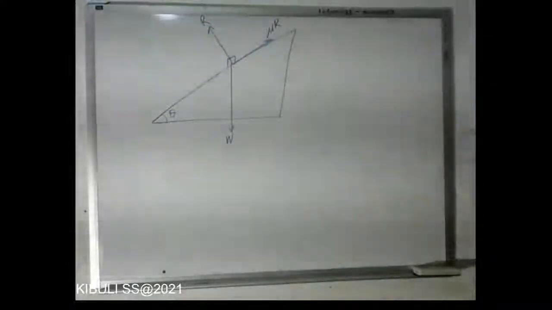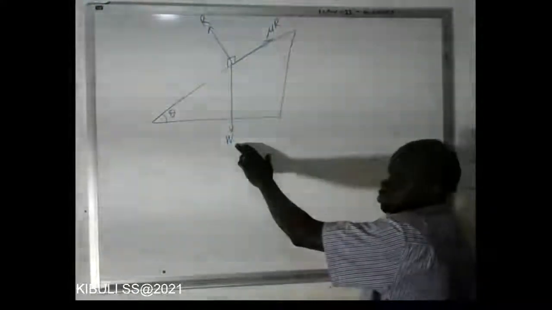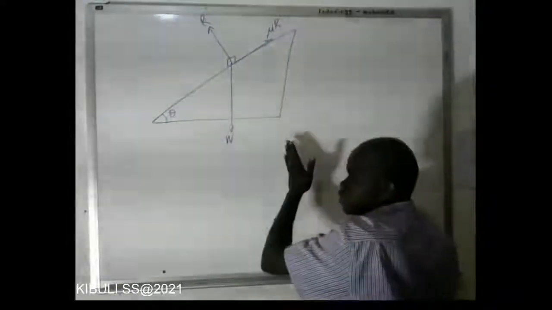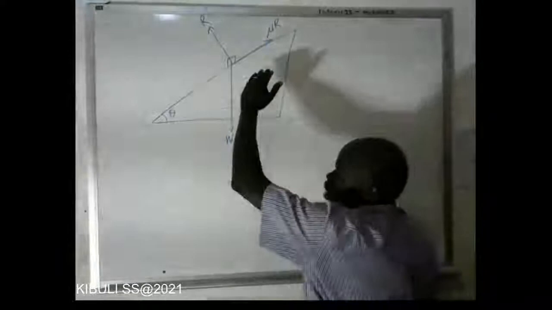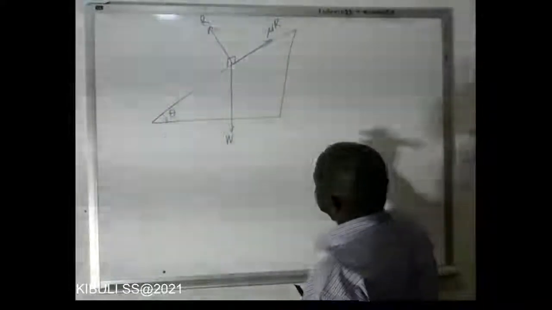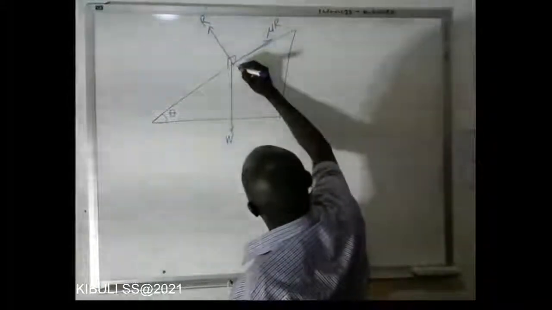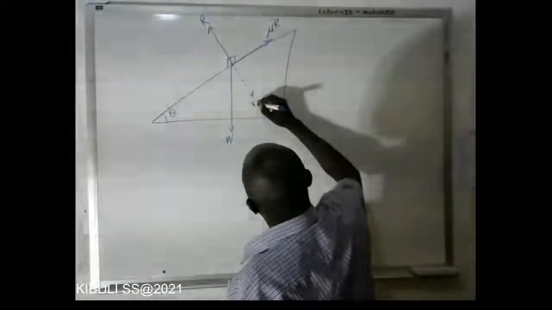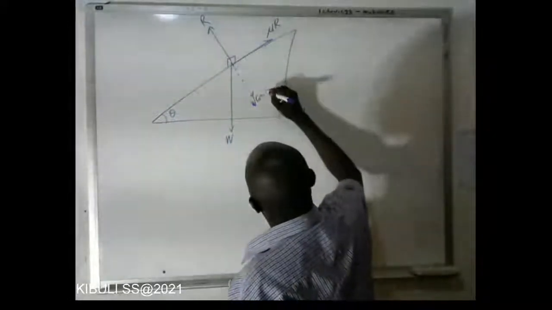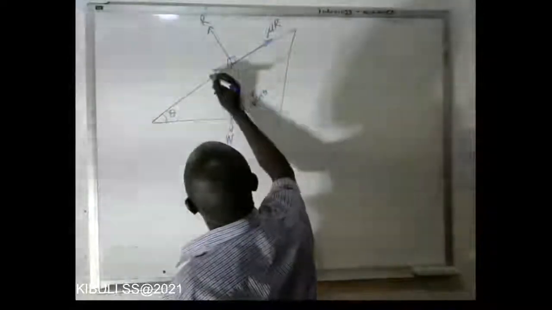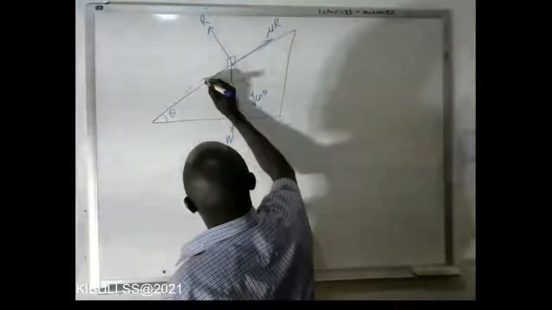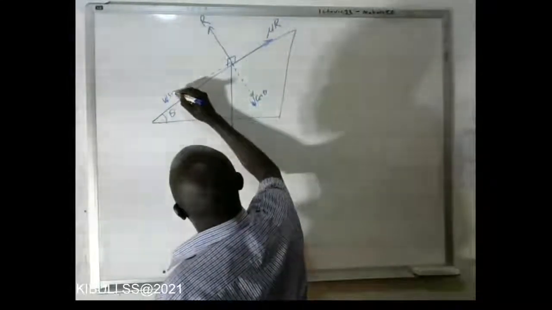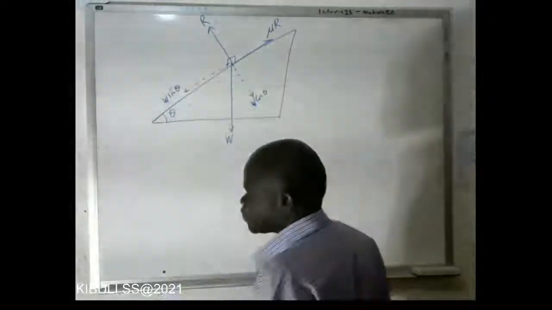Okay. Now we can split the weight into two parts: one part perpendicular to the plane, and the other part along the plane. So this is the part which is perpendicular to the plane. It is W cos theta. This is the part which is along the plane. It is W sine theta.